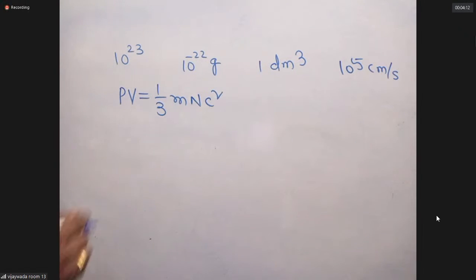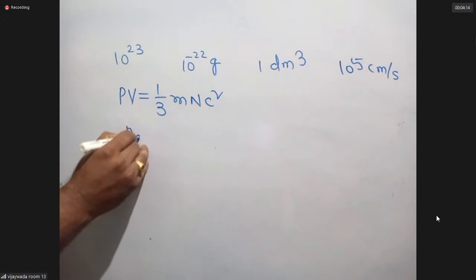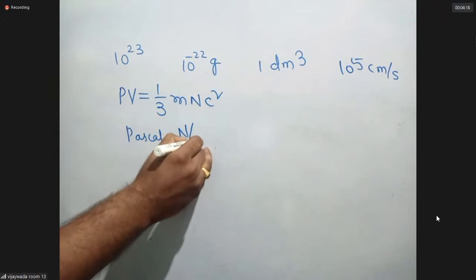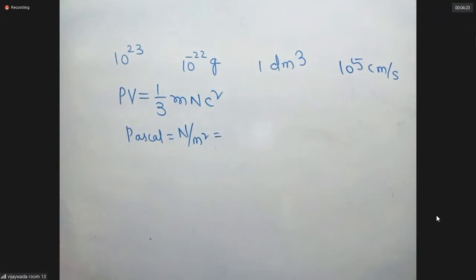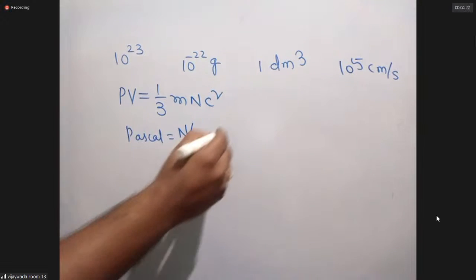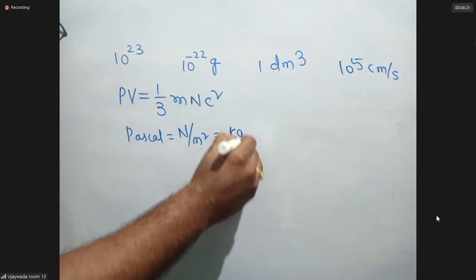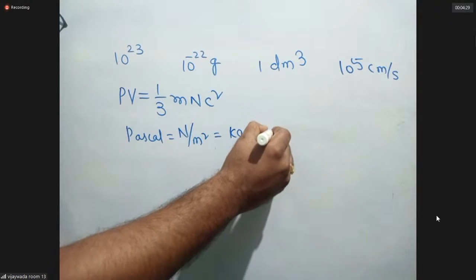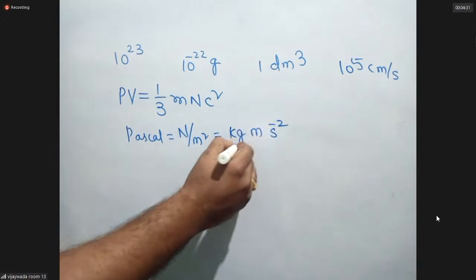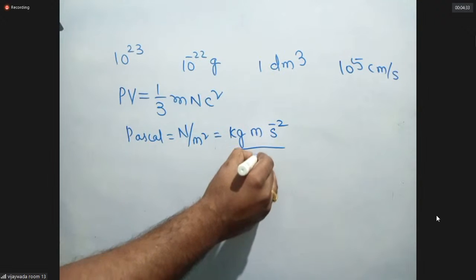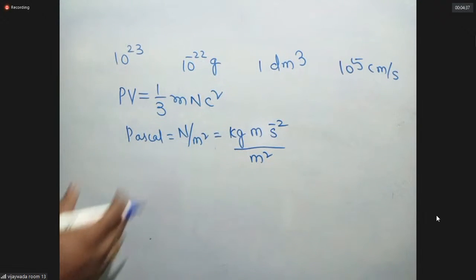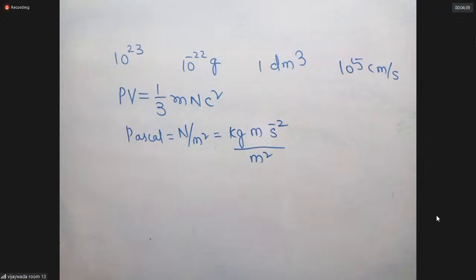Question: pressure in pascals. Students, Pascal means Newton by meter square. Am I correct? What is Newton? Newton is kilogram meter second inverse 2. And this is Pascal: kilogram meter second inverse 2 by meter square.